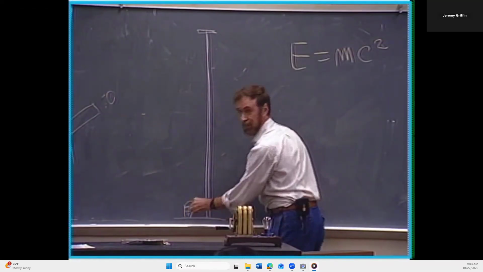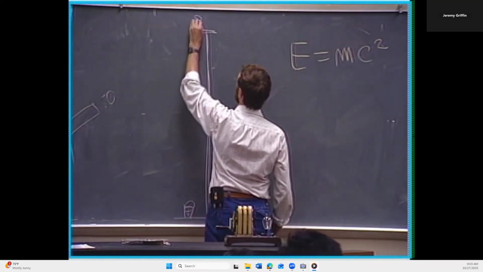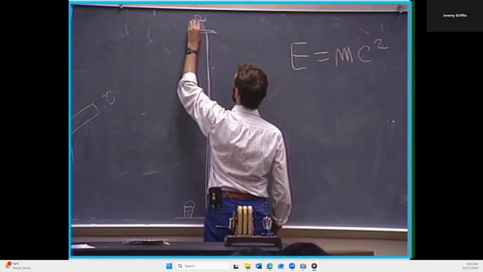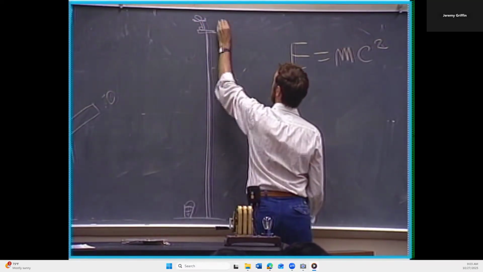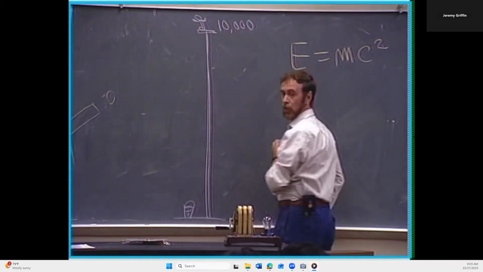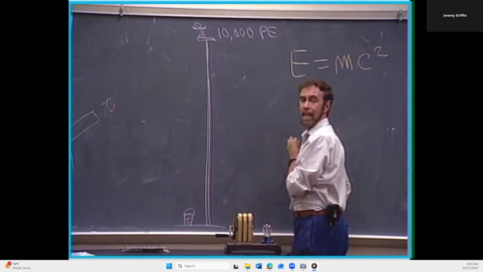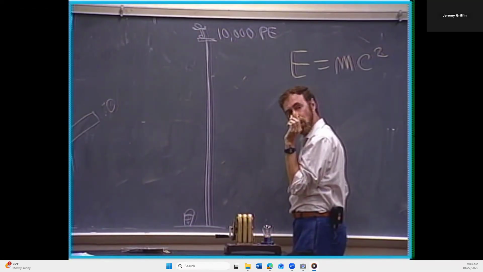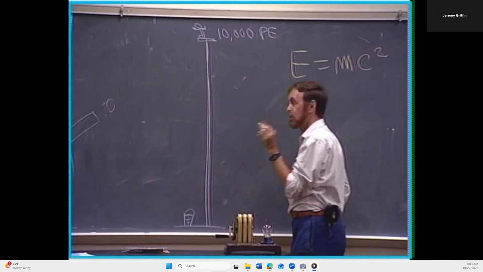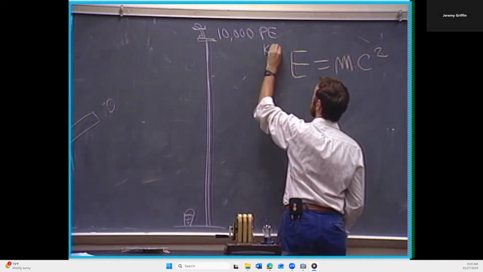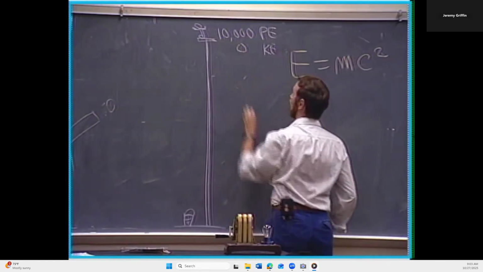They used to do this in circuses. Here's a dude up here. He's going to jump. And let's suppose up at the top there, he has 10,000 units of energy. That's his potential energy, isn't it? He's at rest. So being at rest, what would his kinetic energy be? 0.